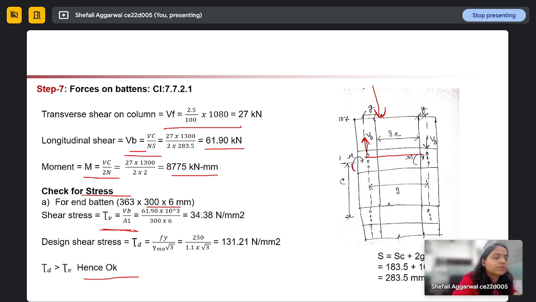I thought in conventional concrete structures we have the moment transfer kind of thing, so maybe in that way I thought here also.